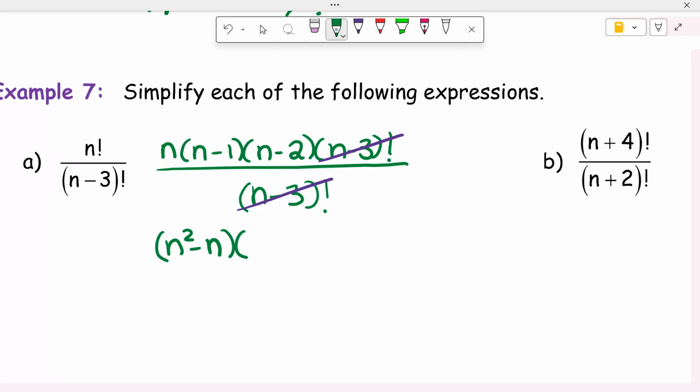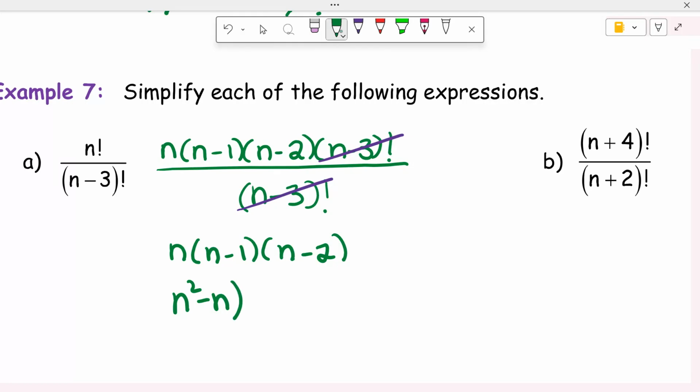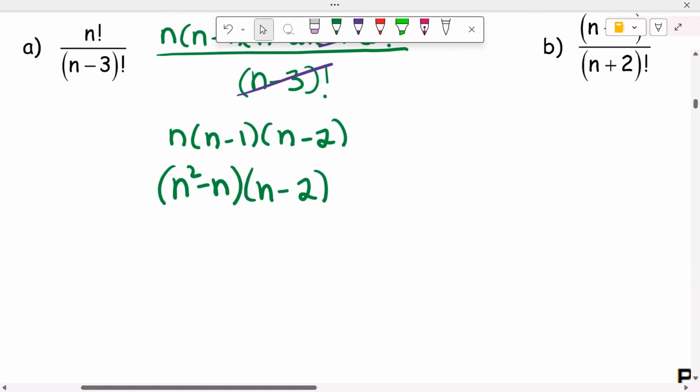Not that you have to expand all this, you could have left it, depending on how the diploma writes it, but I'm okay with you leaving it like this. Or the diploma might, because it's only 3 of them, make you do this.